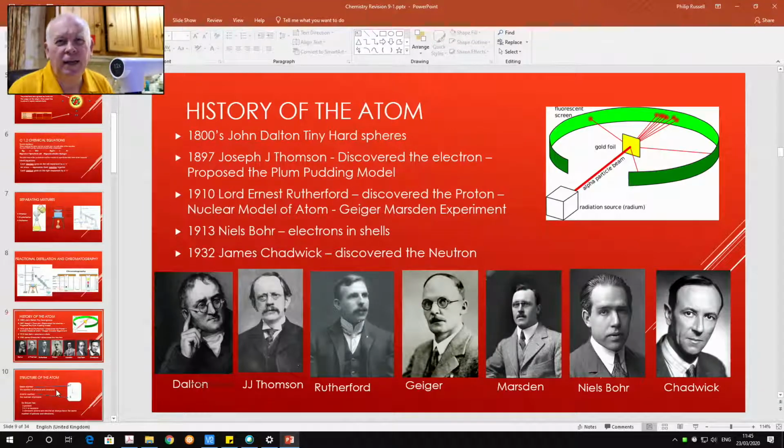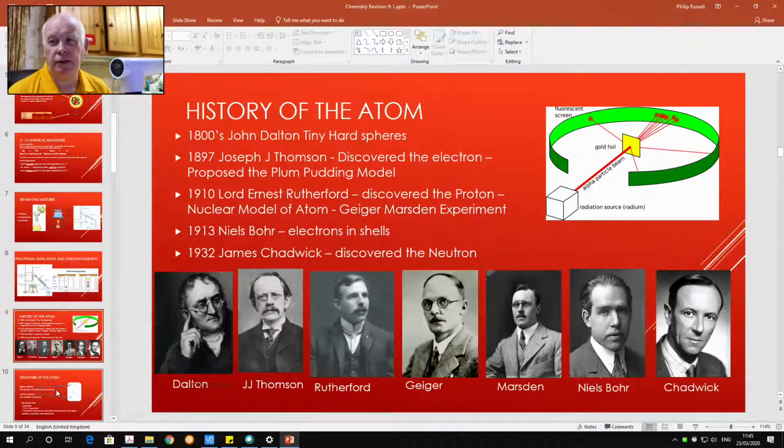And he really solidified an idea that had been going around for very many years, that atoms are really small things and they're like, well, tiny hard spheres. And this lasted really for many, many years, Dalton just sort of cementing the idea more formally.